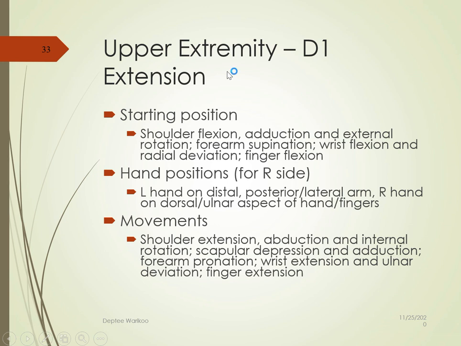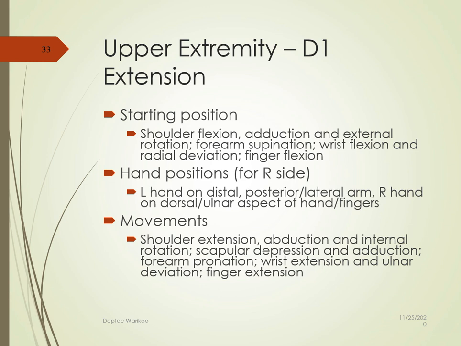Okay, now D1 extension pattern. D1 extension pattern will start with shoulder flexion, adduction and external rotation, forearm supination, wrist flexion and radial deviation. And now we will see what is actually the end of D1 extension. While you end the D1 extension, the shoulder should be in extension, abduction and internal rotation.